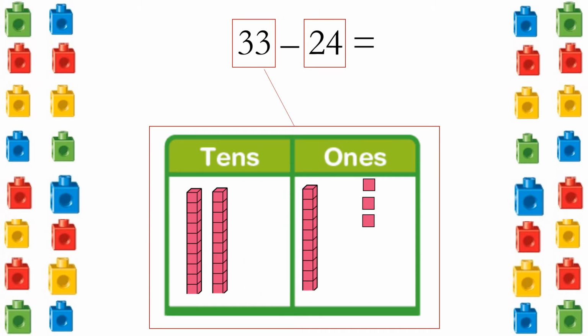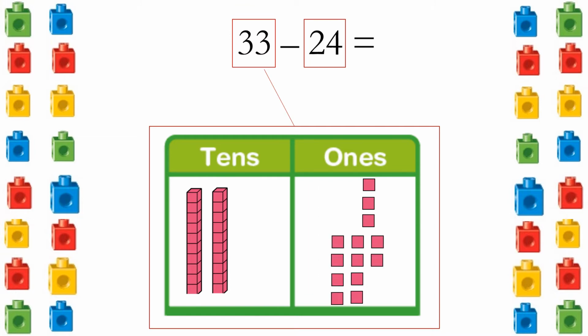We move the 10 over, and we turn that tens bar into 10 squares, 10 ones. And what are we subtracting? 24. So 10, 20, 21, 22, 23, 24. And what's left? The answer is 9.